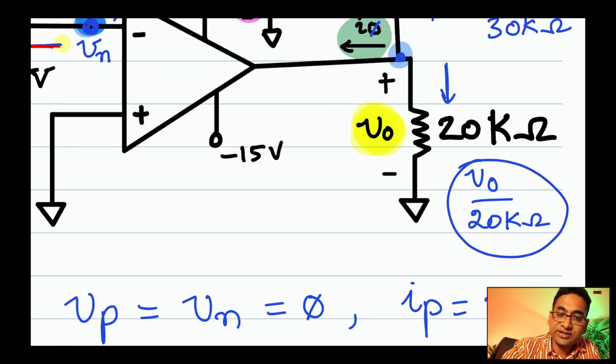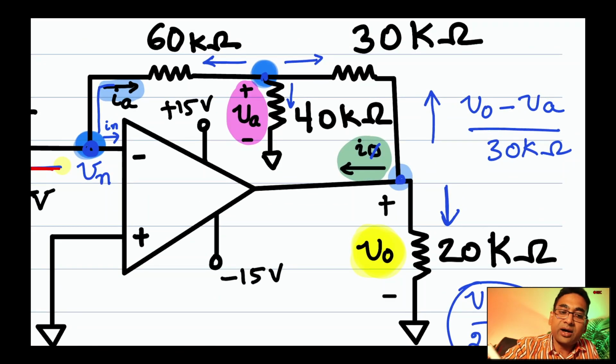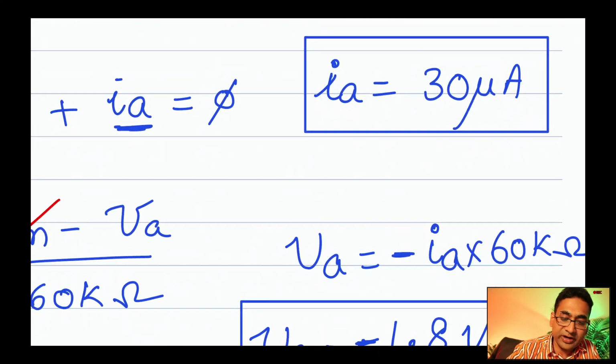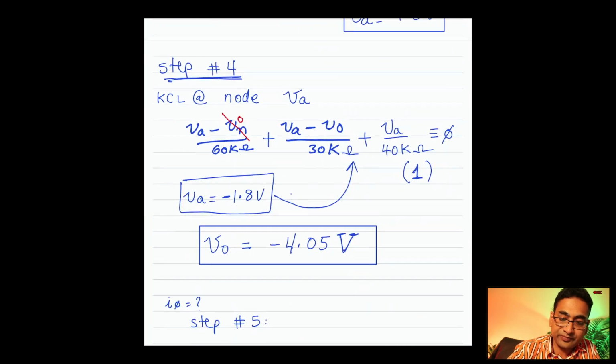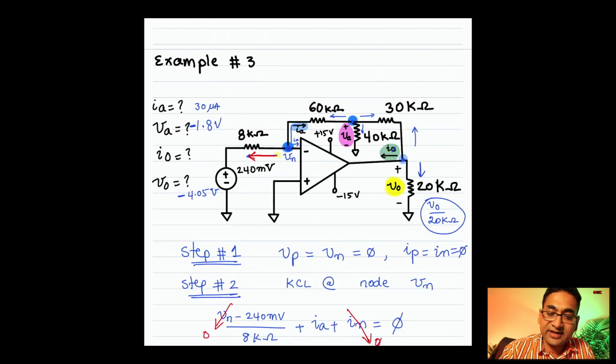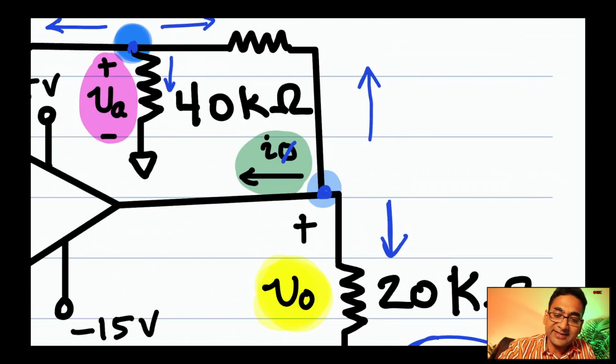Now the other current going north is VO minus VA over 30 kilo ohms. I'm going to cut that and paste it over here. Add that current, and let us not forget there is one more branch current going west.